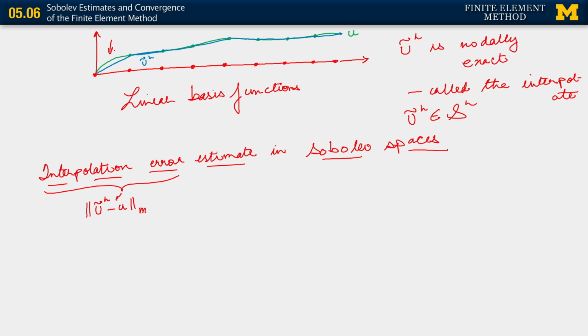Okay, all right. So the Sobolev estimate here, and I'm just going to state it, we're not going to prove it, is the following. It is that this interpolation error estimate is bounded from above by C, a constant, h_e is our element size.